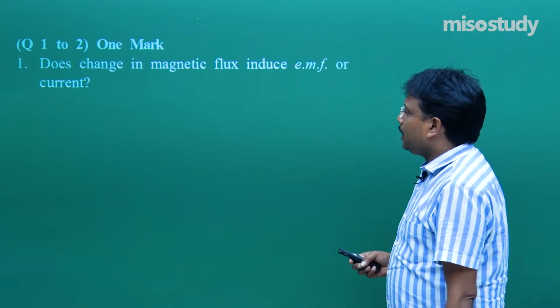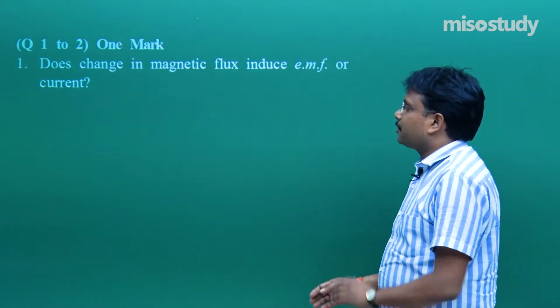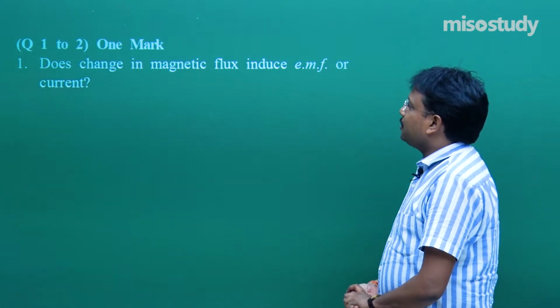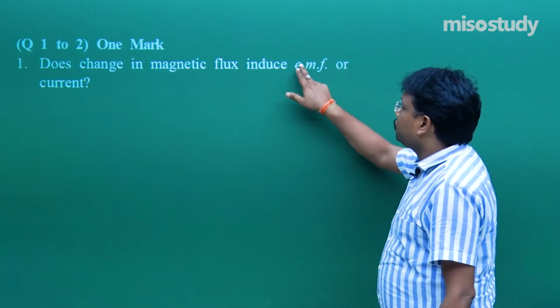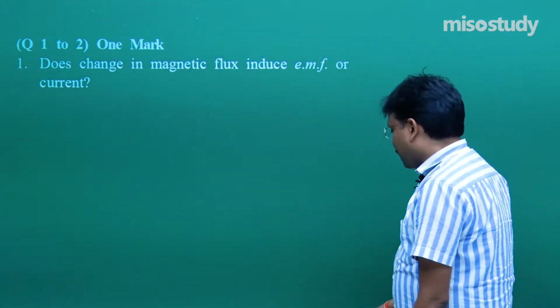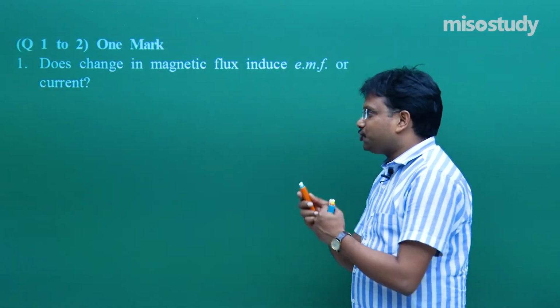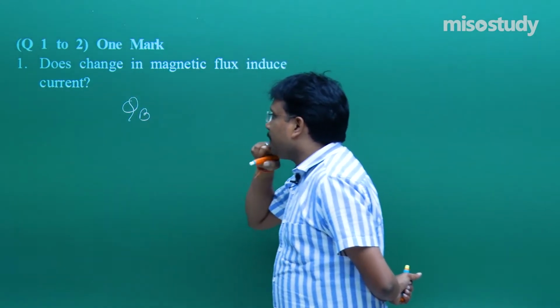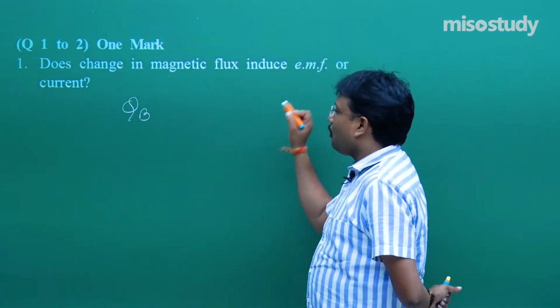So question number 1 and 2, as usual, are for 2 marks. Now this question is, does change in magnetic flux induce electromotive force or current? It is a confusion in the mind that flux change, that is phi b, is giving me basically EMF or current.